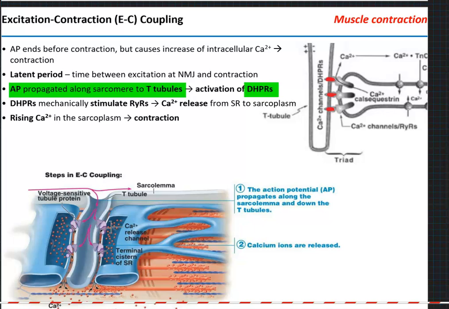The activation of DHPRs will stimulate ryanodine receptors, the ones that I highlighted with blue, and that will lead to the diffusion of calcium from sarcoplasmic reticulum into the sarcoplasm. Presence of calcium in the sarcoplasm is what triggers muscle contraction.